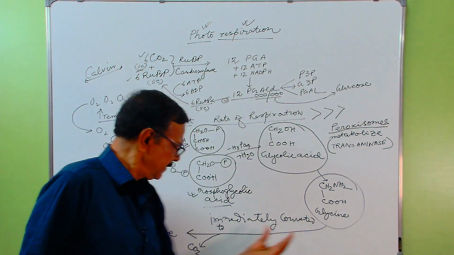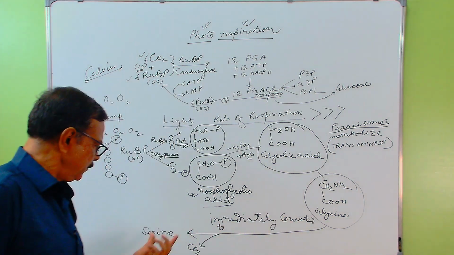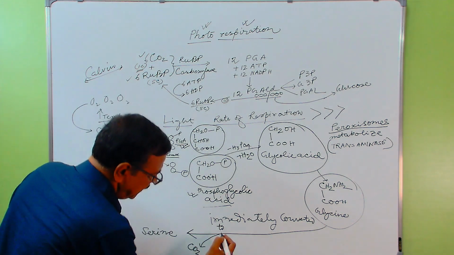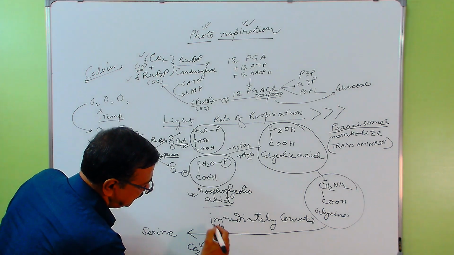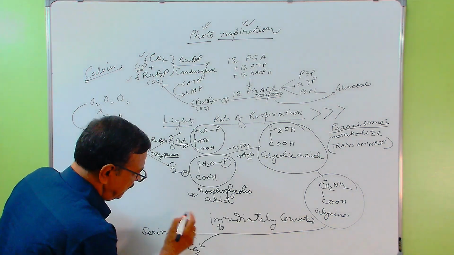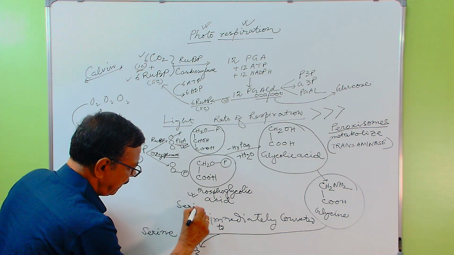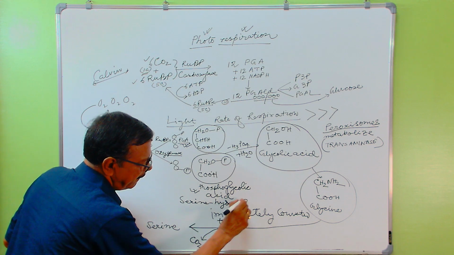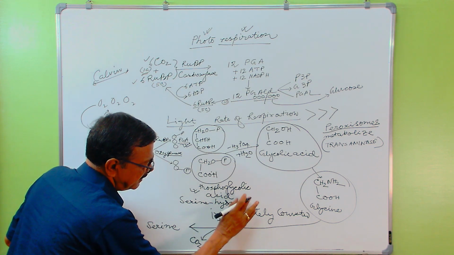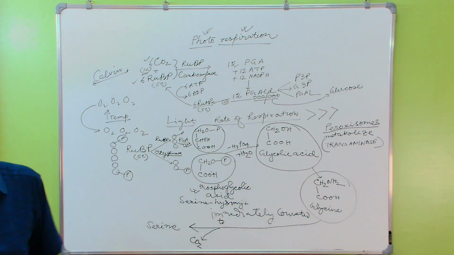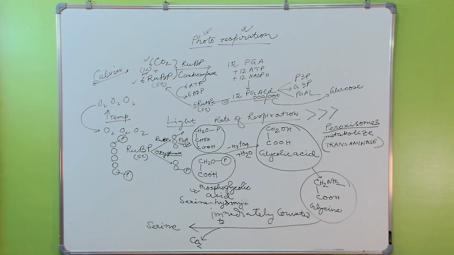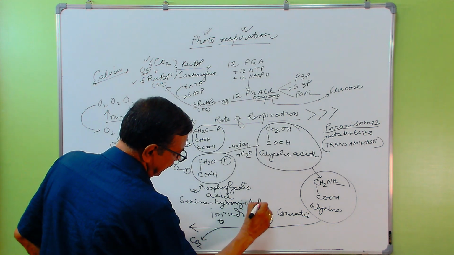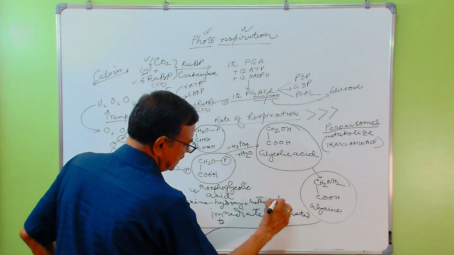The glycine is immediately converted to serine with the liberation of CO2 with the help of an enzyme. You write the name of this enzyme: serine hydroxymethyl transferase.